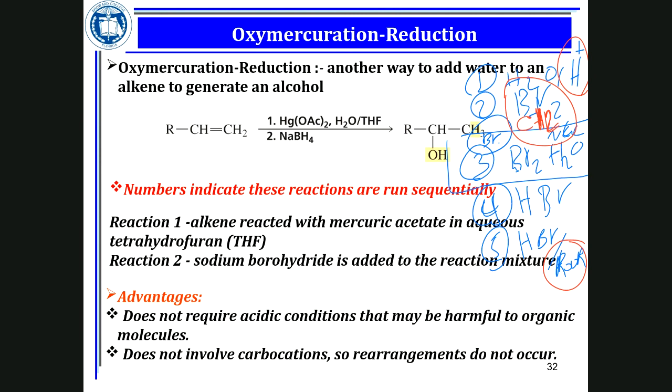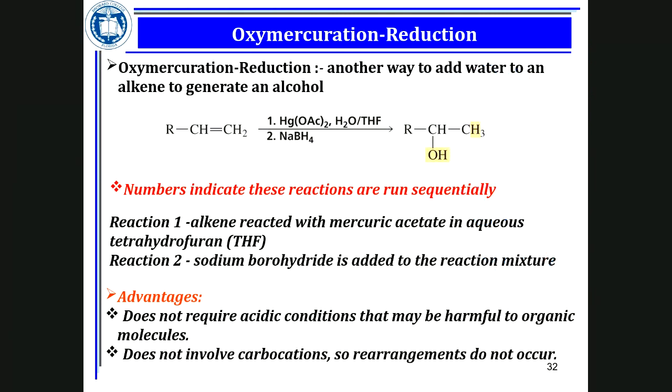Next reaction, if we call the addition of water with the catalyst a direct addition, direct hydration, then we also have 2 methods of indirect hydration. What is indirect hydration?